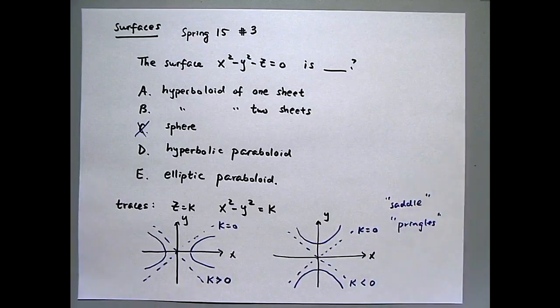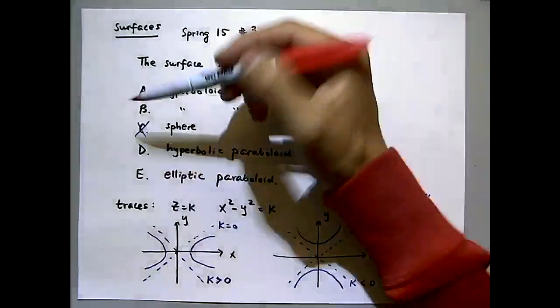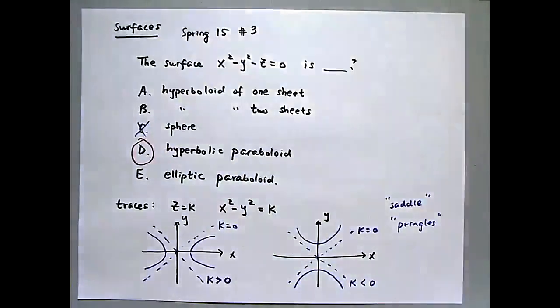It's the same shape. And now the important thing is, what do we call that shape? Is it A? No. B? D? Yeah, that's it. That saddle thing is the hyperbolic paraboloid.